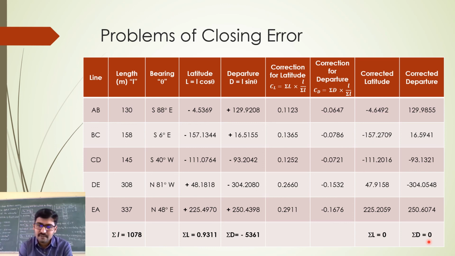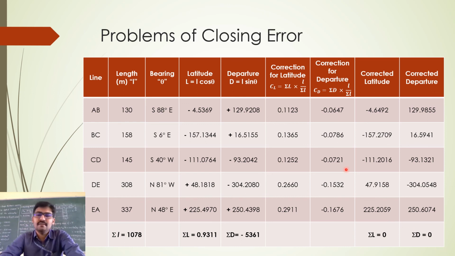The sum of all the corrected latitudes, summation L, is equal to 0. The sum of all the corrected departures, summation D, is equal to 0. Only when you get these two values as 0 is the solution correct. If these are not 0, then the solution is wrong. Understood this? So this is how the problem is to be solved.